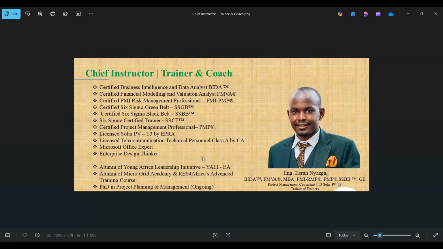Like now, we'll be looking into this program of construction project management specialist. I'm also the managing director in an organization which we do projects into construction and ICT related.